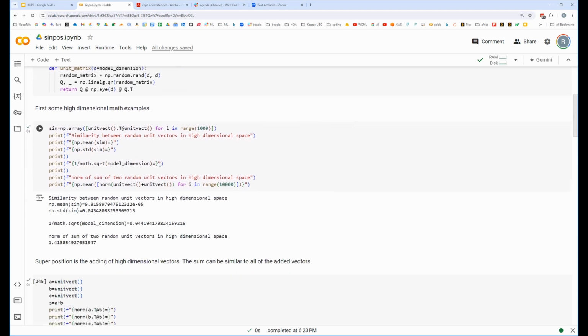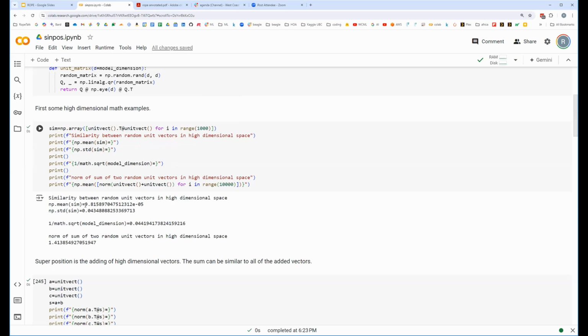And then I wanted to look at some intuition in high dimensional space: the similarity between any two vectors on that hypersphere is the dot product of the two vectors. I looked at 1,000 of them, and looked at similarities.